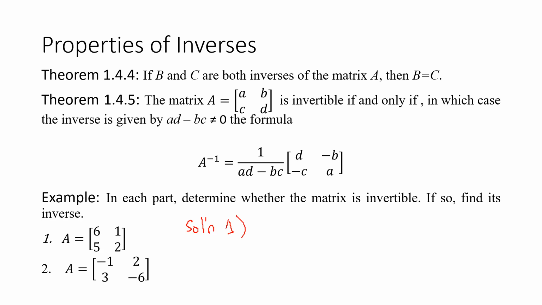In this case, we have to determine first the determinant of A, which is equal to 6 times 2 minus 1 times 5, which is equal to 7.